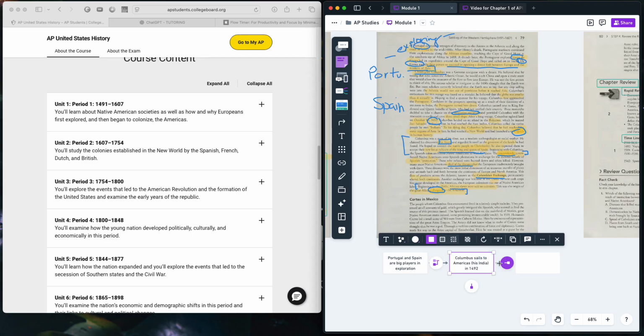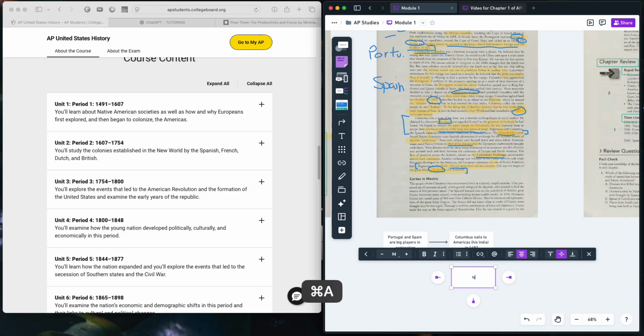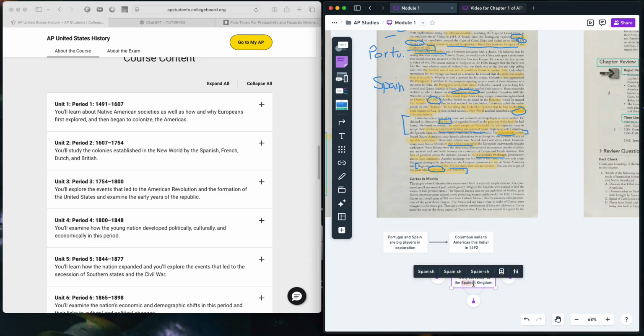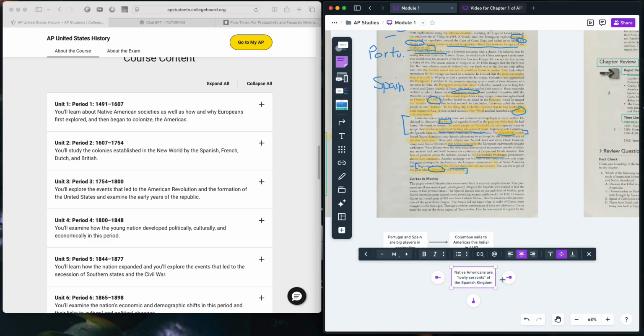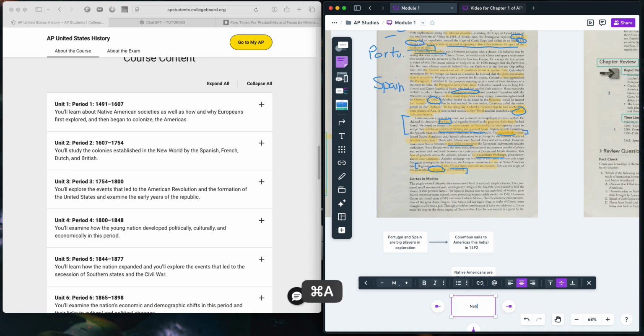Okay, and then we have this idea that Native Americans are lowly servants, let's say, lowly servants of the Spanish kingdom. And last but not least, we have Native Americans.